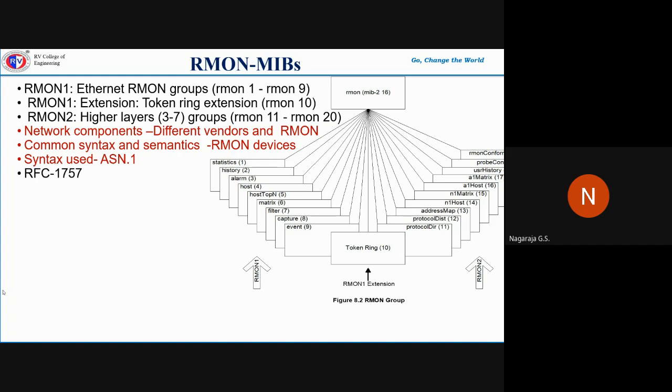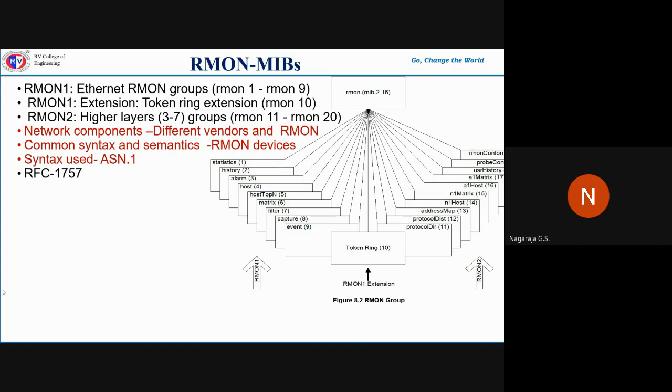Rather, if I ask you about the RMON 2 MIB groups, then you are supposed to write the other groups which are available on the right hand side here, starting from 11 and going up to 19 groups in the case of the RMON protocol. The middle one, whatever you have here, is for RMON 10.